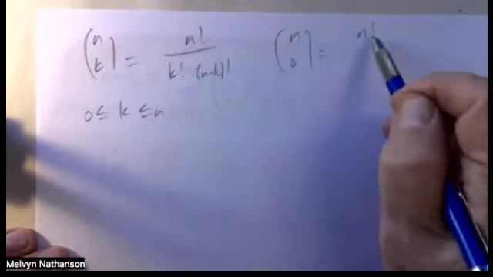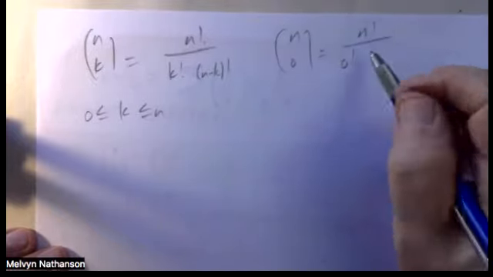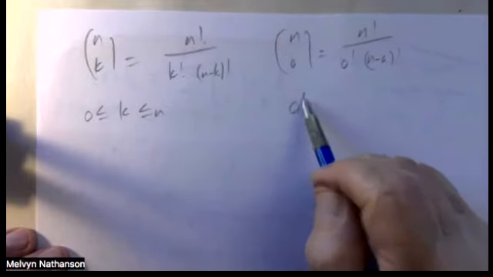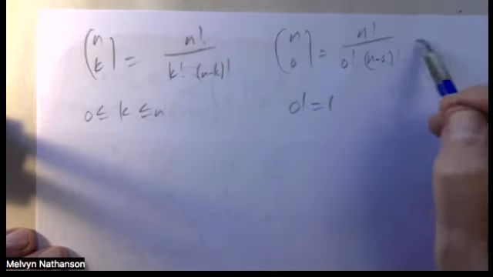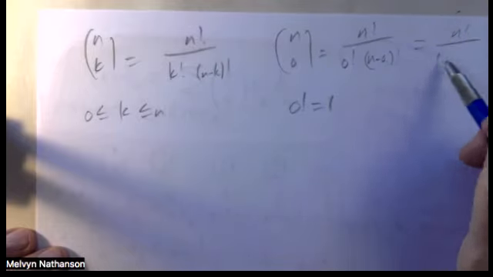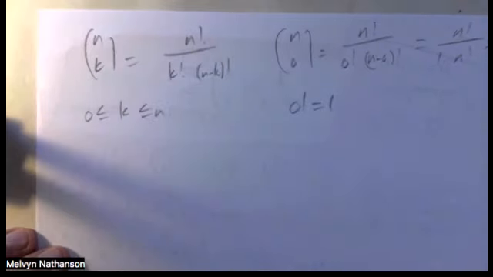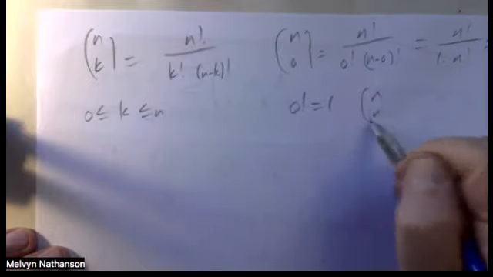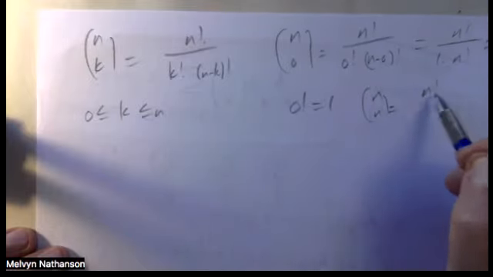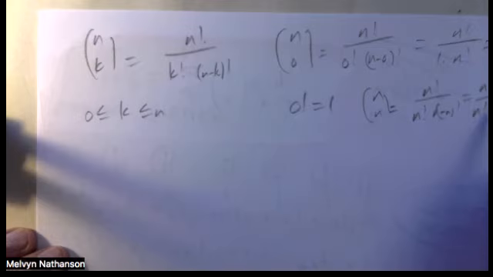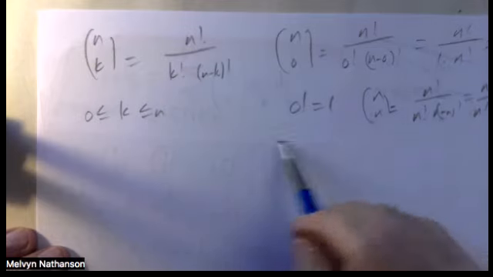You get n factorial over 0 factorial times n minus 0 factorial. 0 factorial is 1, so this is n factorial over 1 times n factorial. That's equal to 1. And n choose n is n factorial over n factorial times n minus n factorial. That's n factorial over n factorial times 1. That's also 1.